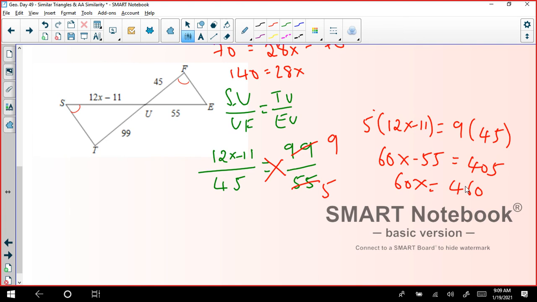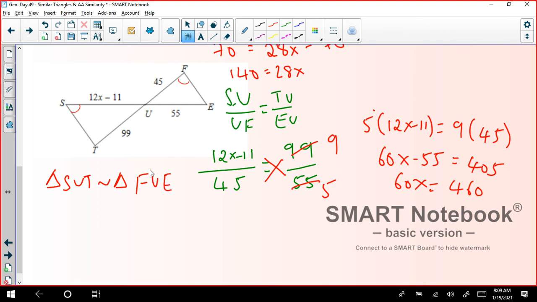Dividing by 60 on both sides, I'll have x equals, wait, let me see if I've taken everything accurately. 12x minus 11 over UF, SU over UF, because triangle SUT was similar to triangle FUE.